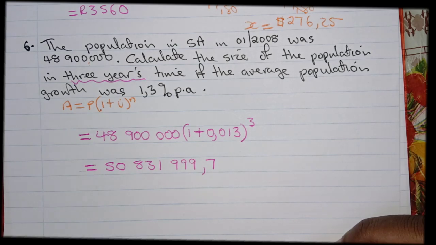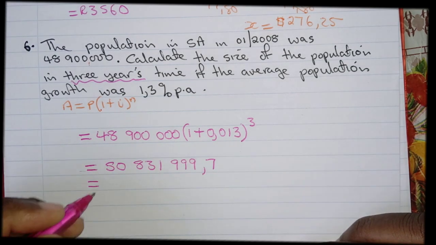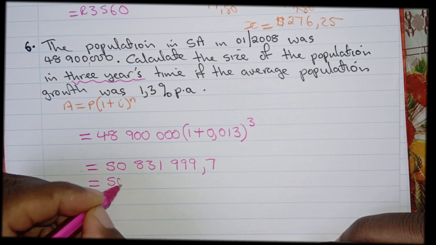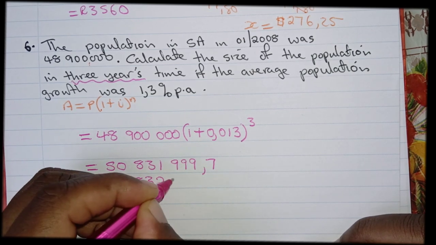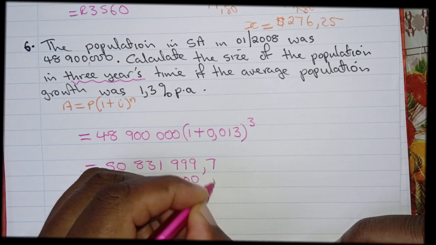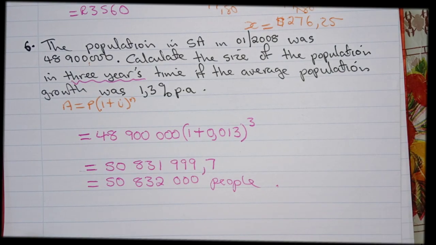So population cannot have 0.7. So we have to round it off to the nearest whole number. That will be 50,832,000 people. That is population growth. And that concludes our finance for grade 10.